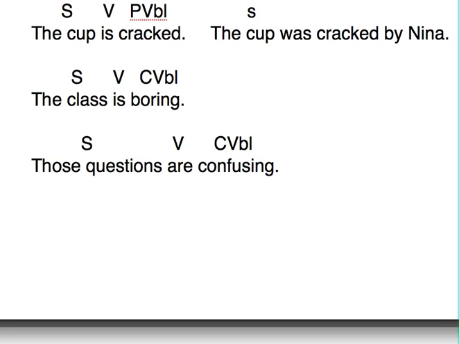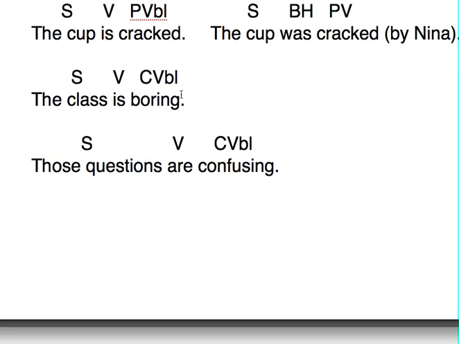The cup is still the subject, but in this case, was is a be helper, and cracked is a pre-started verb, right? And by Nina tells us who performed that action, so that's our prepositional phrase. Okay, so do you see the difference between the cup is cracked, that just describes what the cup is, and the cup was cracked by Nina?